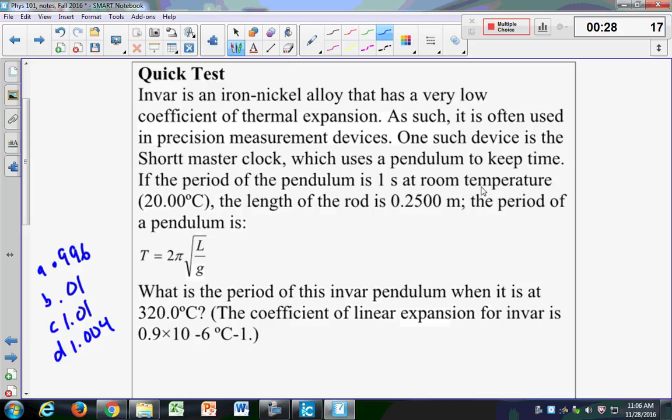And that's at room temperature, which is about 20 degrees Celsius. Then you heat it up to 320 degrees Celsius, and I want to know now what is the new period. So a couple different things you'll need to do here: find out how much it's expanded by increasing this temperature, and then figure out what is the new period.